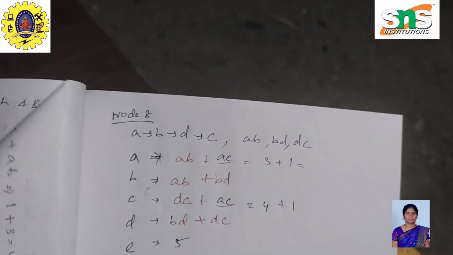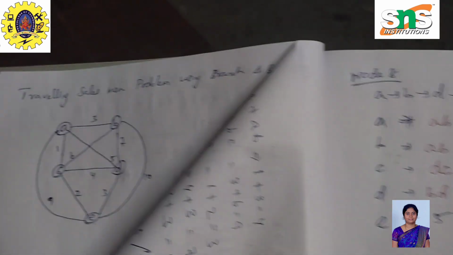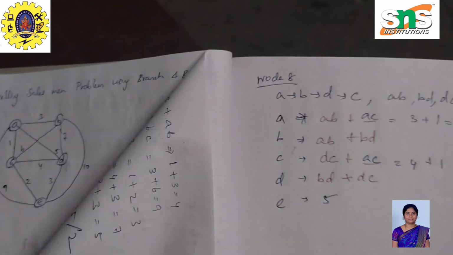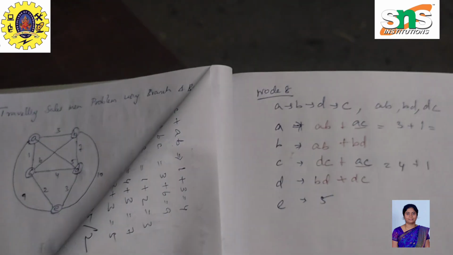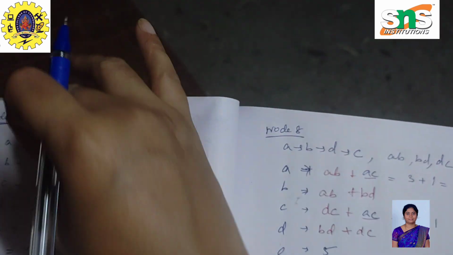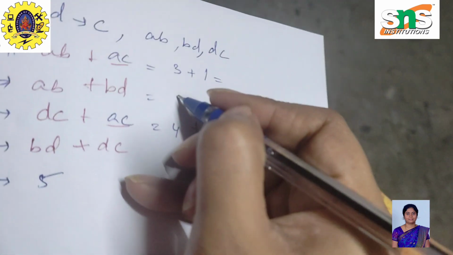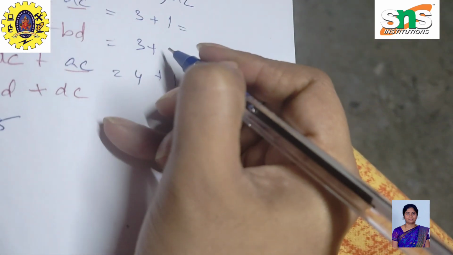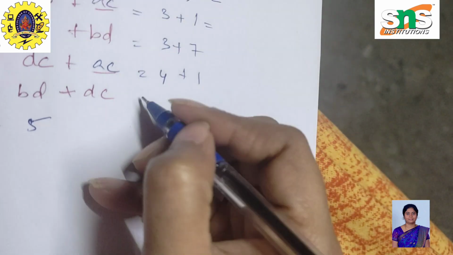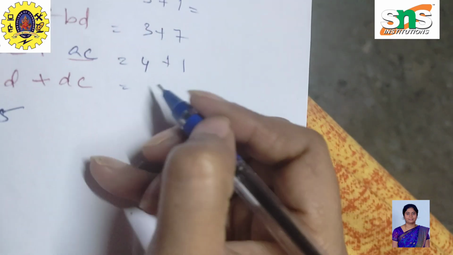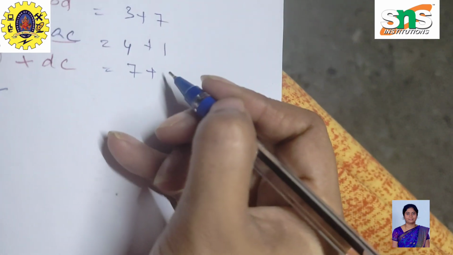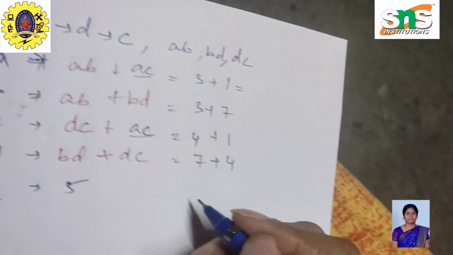So from this AB value is 3 and BD value is 7, and for this BD value is 7 and DC value is 4.